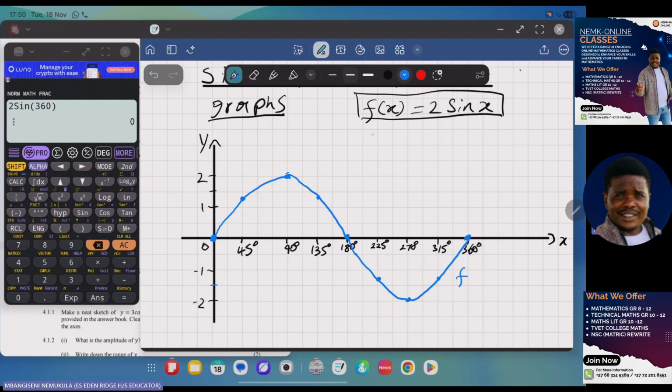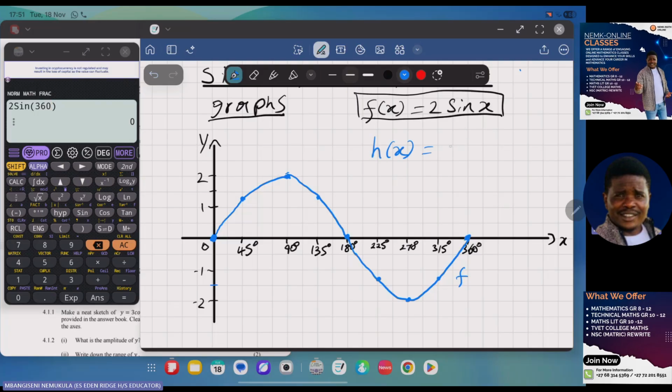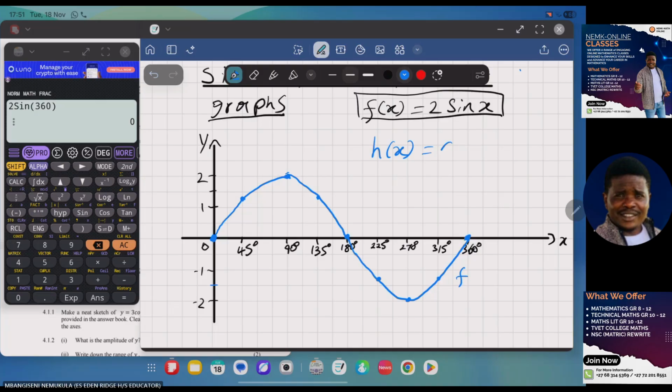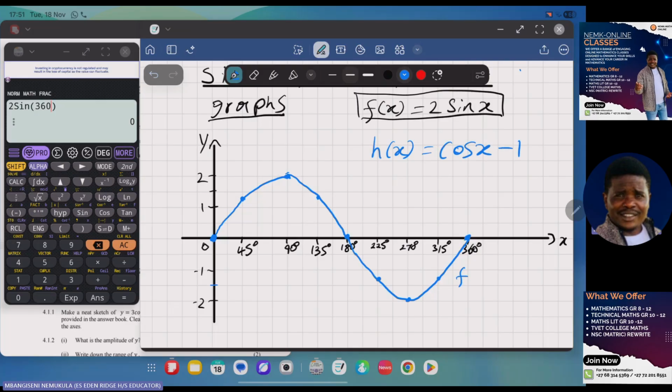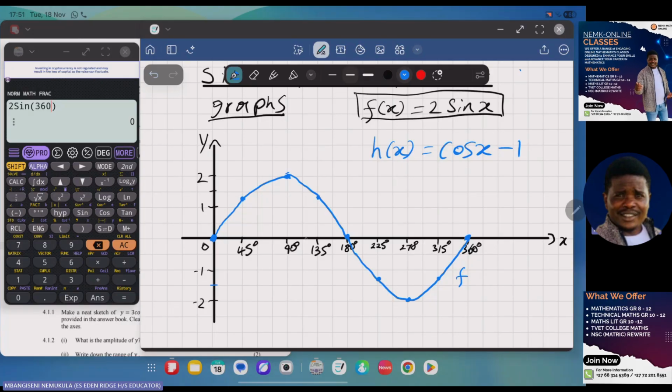Let's call this one h of x equals cos x. How will we deal with such a situation? Remember, where there is x, we're going to substitute the values of x as we see them here on the x-axis.